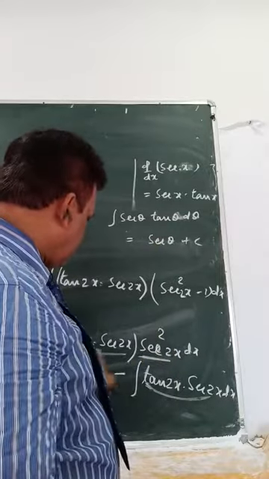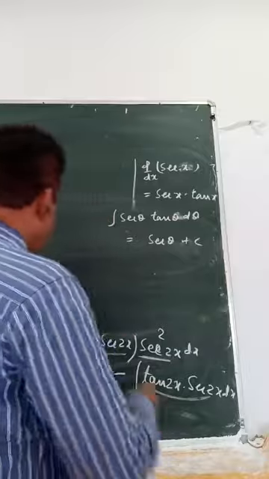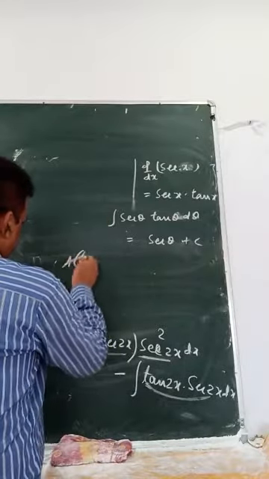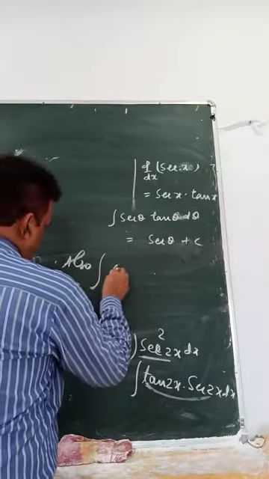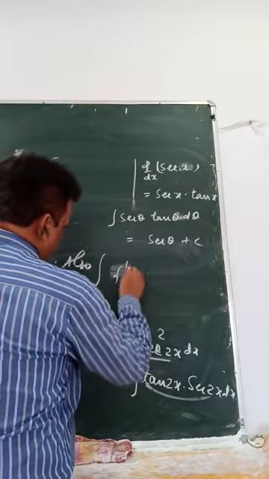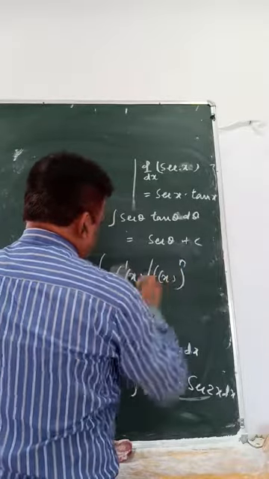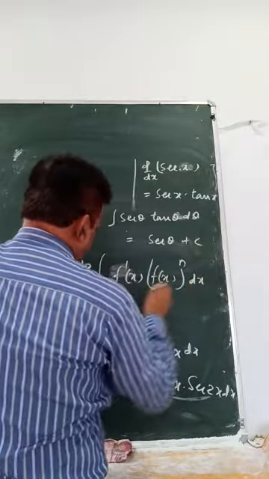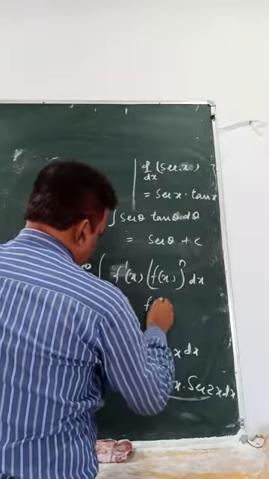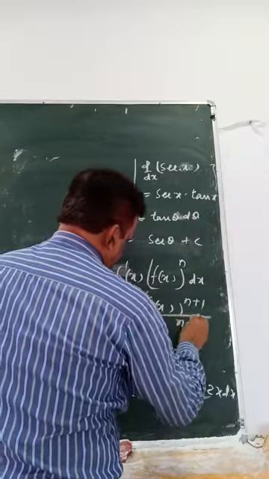For this one, what formula are you using? You will use also f dash x times fx to the power n, which is fx to the power n plus 1 by n plus 1.